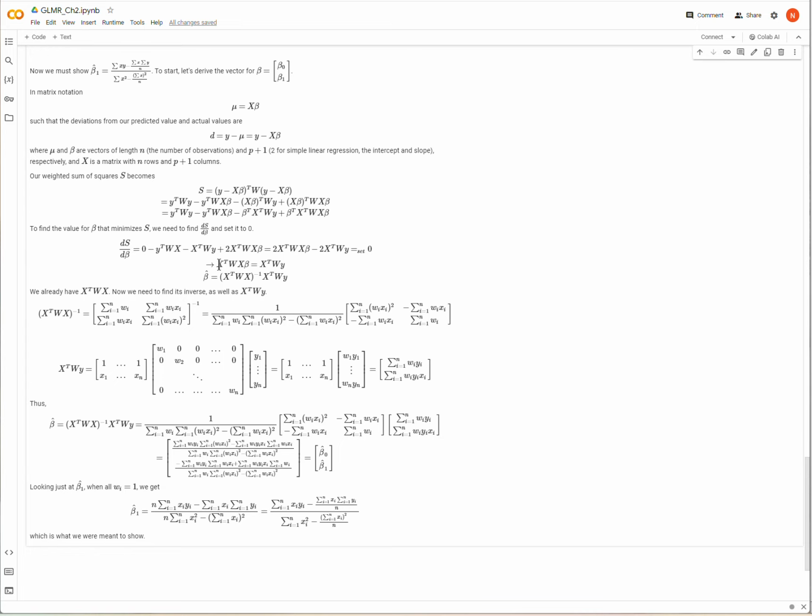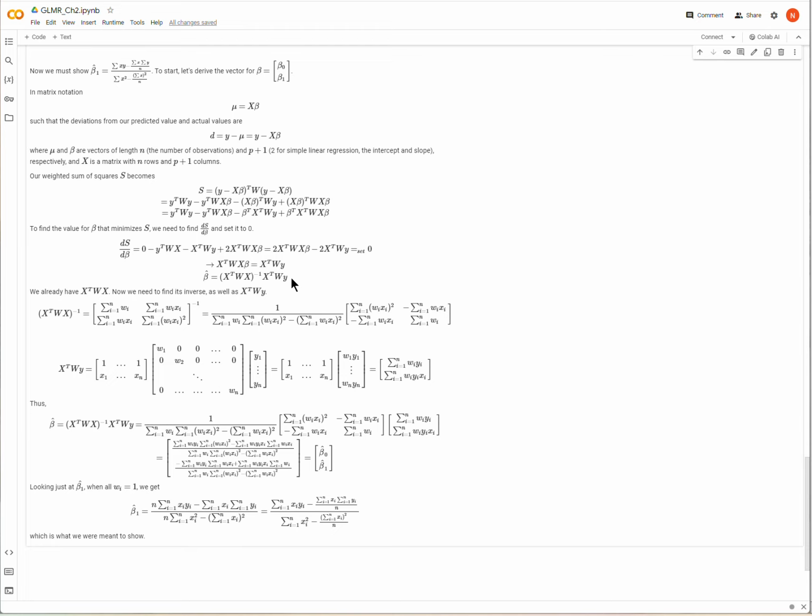When I do all the multiplications implied there, I just get a matrix. So I'm going to multiply on the left-hand side by the inverse of that on both sides. Now I get that beta hat is this. Remember, beta hat here is a vector containing both beta naught hat and beta 1 hat, and this will end up being that vector here, but it's just a bunch of matrix multiplications.